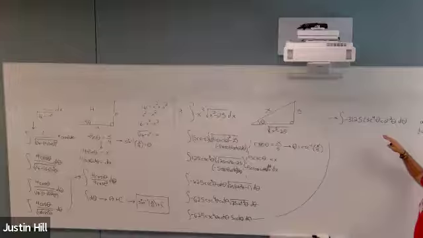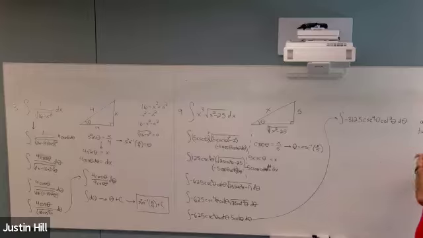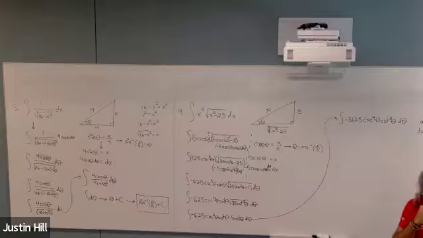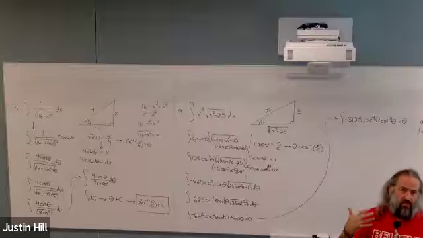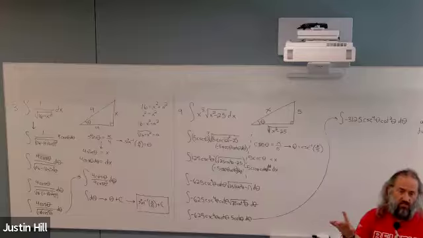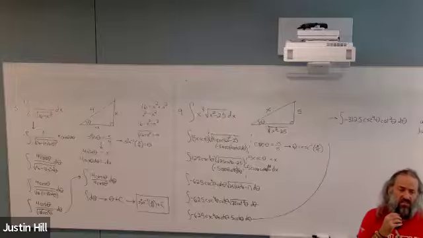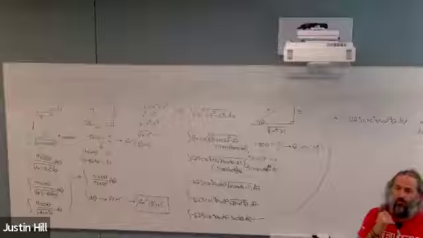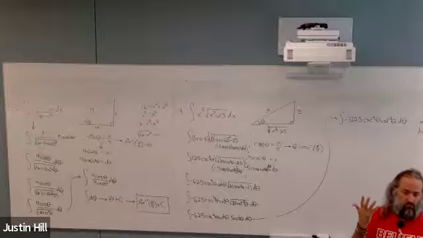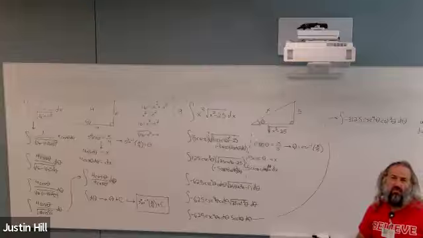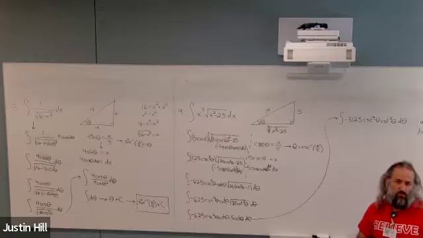So again, the other thing I want you to notice, just a meta thing, is we didn't do any problems with cosecant and cotangent yesterday. However, we are going to be able to work through this problem, because you're recognizing the methodology from what you saw yesterday, even though it was secant and tangent, that the methodology is the same, that it's going to work out roughly the same. So just notice that when you're doing these homework exercises, you don't need to have seen everything in order to be able to do a problem.